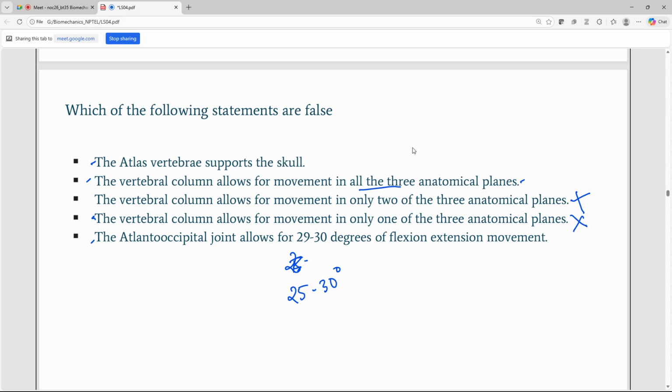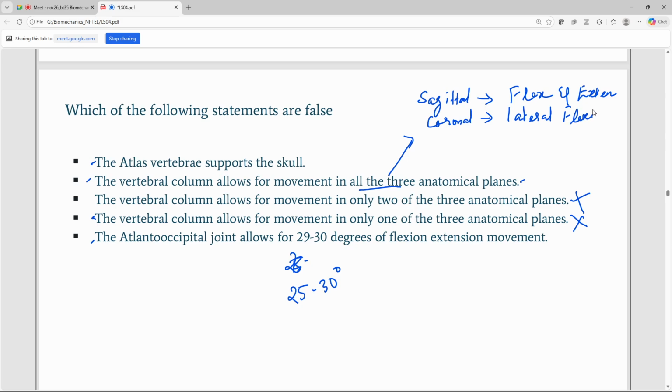And if you wonder which are the three different movements in three different anatomical planes, in the sagittal plane there is flexion and extension. In the coronal plane, the vertebral column allows lateral flexion.